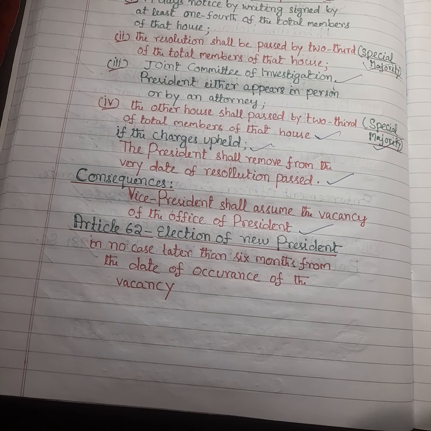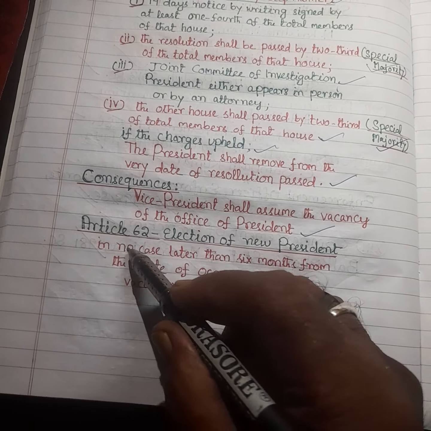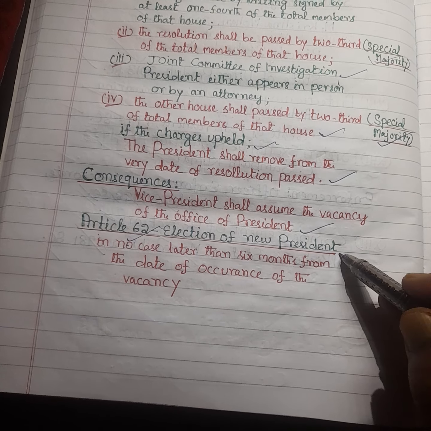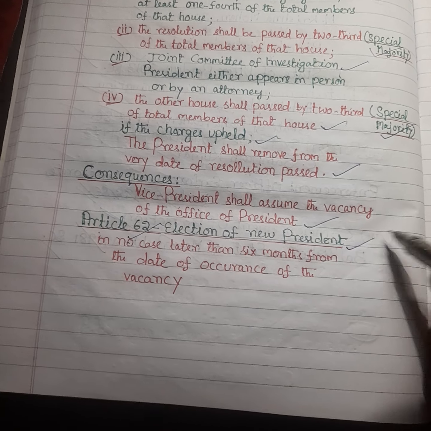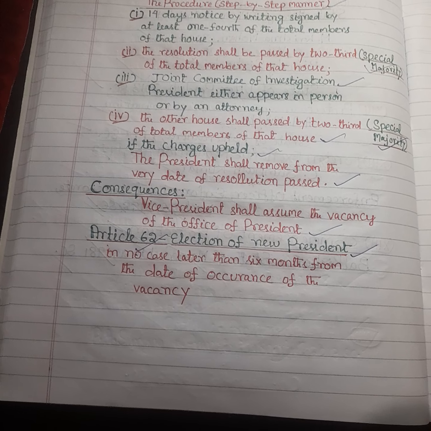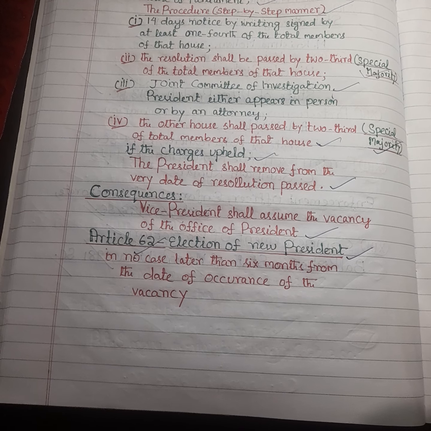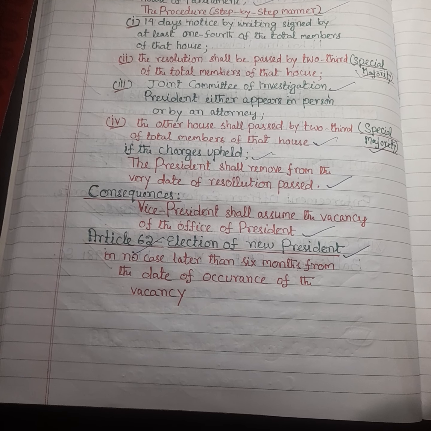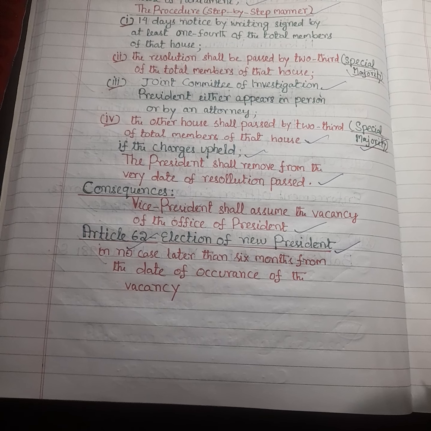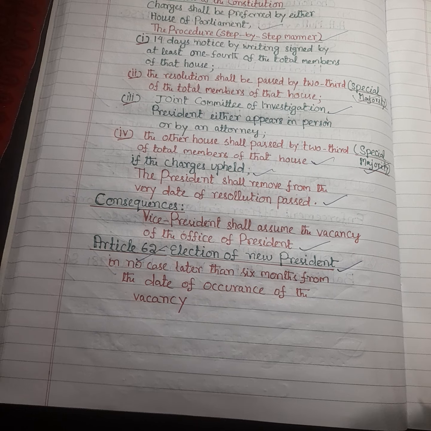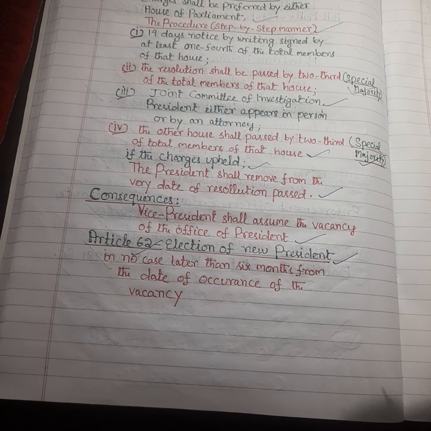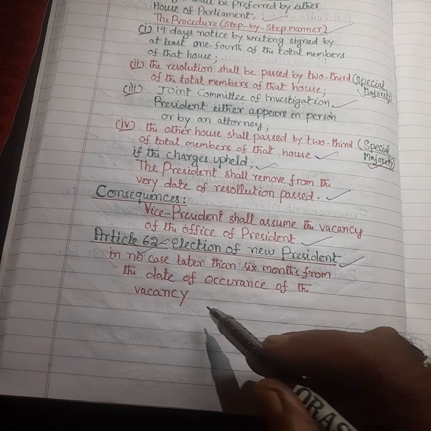President of India. And as per the provisions of Article 62, there would be an election for a new President to fill the vacancy created by removing the President under the provisions of Article 61 in relation to impeachment. So, there must be an election no later than 6 months from the date of occurrence of the vacancy.